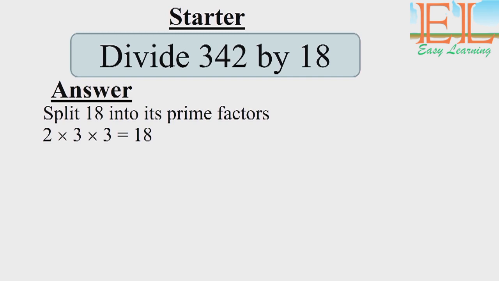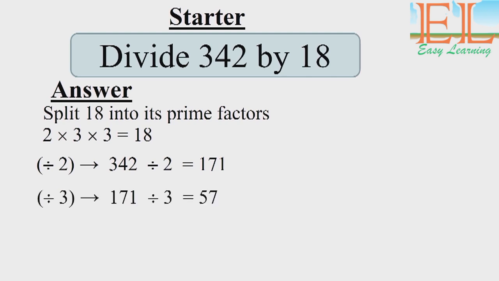Now, to divide 342 by 18 without stress, I will first take 342 and divide it by 2. And this will give me 171. Then again, I take 171 and divide it by the next prime factor, which is 3.